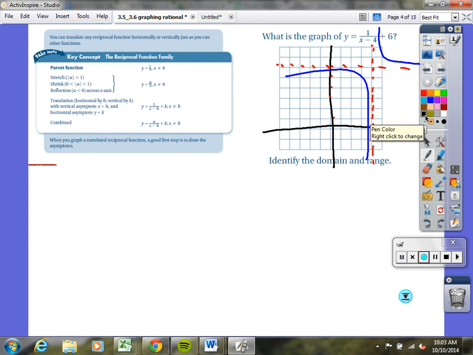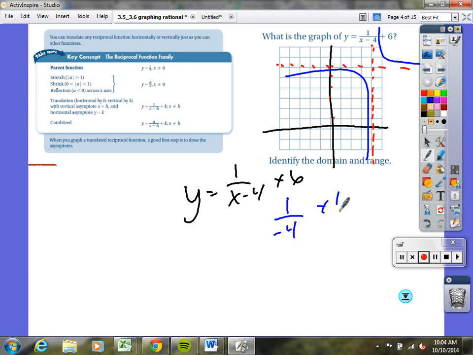So let's go ahead and find our y-intercept, because that's usually a lot easier to find. So we plug in what for 0? 0 for what? X or y for a y-intercept? 0 for x. So I have 1 over negative 4 plus 6, so that's basically 5 and 3/4.